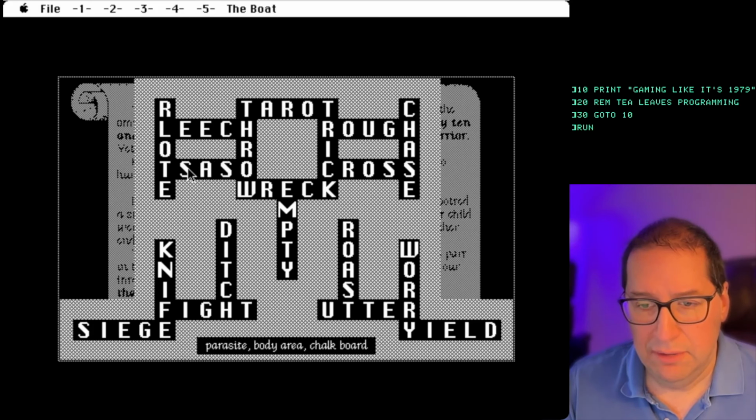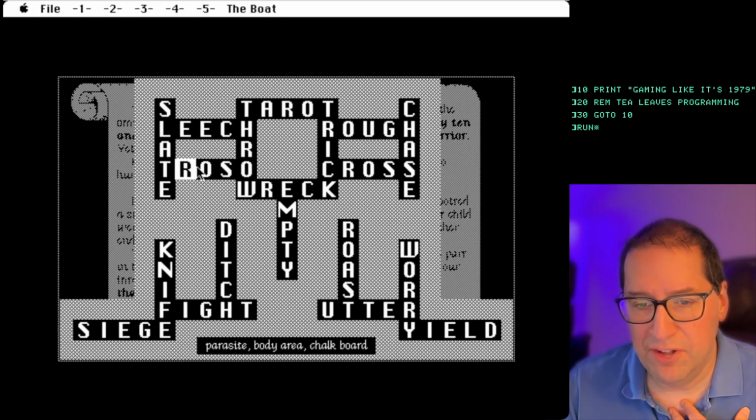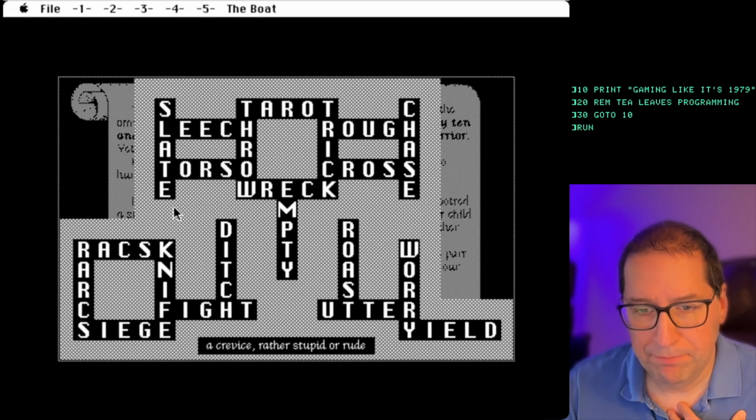Body area. Chalkboard. Do any of these feel like chalkboards? Slate. I guess it is a chalkboard, isn't it? So that leaves body area starting with T, and it's torso.